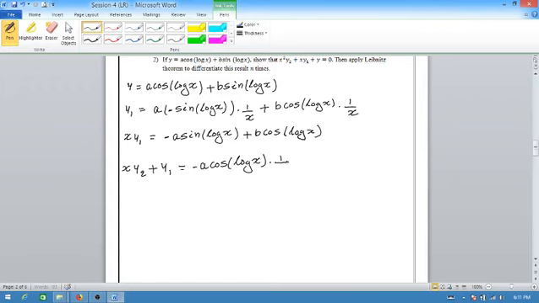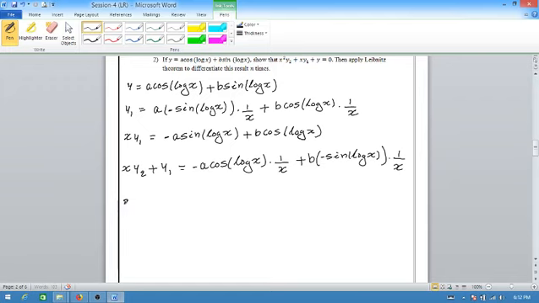into differentiation of log x is 1 by x, plus b as it is, differentiation of cos is minus sin log x into differentiation of log x is 1 by x. So 1 by x, 1 by x again common.